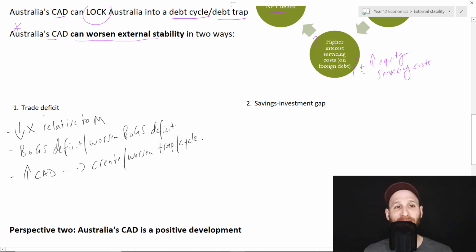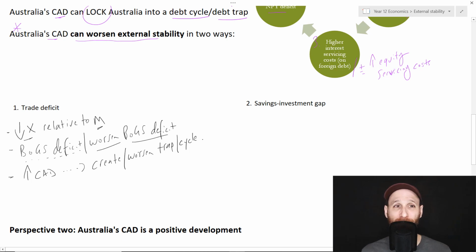let's say that in Australia's position, let's say there's a decrease in exports relative to imports. And this happens all the time for Australia for various reasons. We know that Australia's exports fall when global growth falls, that there's fluctuating demand for commodities. This can happen for all sorts of reasons. Now, if exports fall relative to imports, we're going to worsen the BOGS, the balance on goods and services. So either we create a BOGS deficit, or worsen a BOGS deficit.